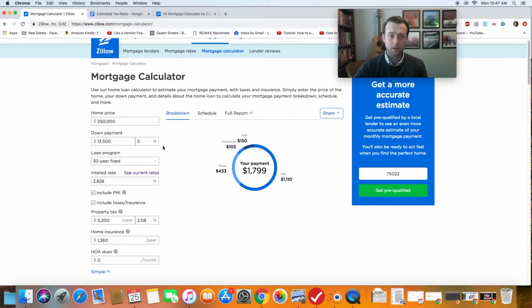And then back up here, the main point of a mortgage calculator is to just play around with numbers and see, hey, if I put down this much, how much will my down payment be? How much money am I going to need to come up with to get my mortgage to a place where I can comfortably afford to pay it?